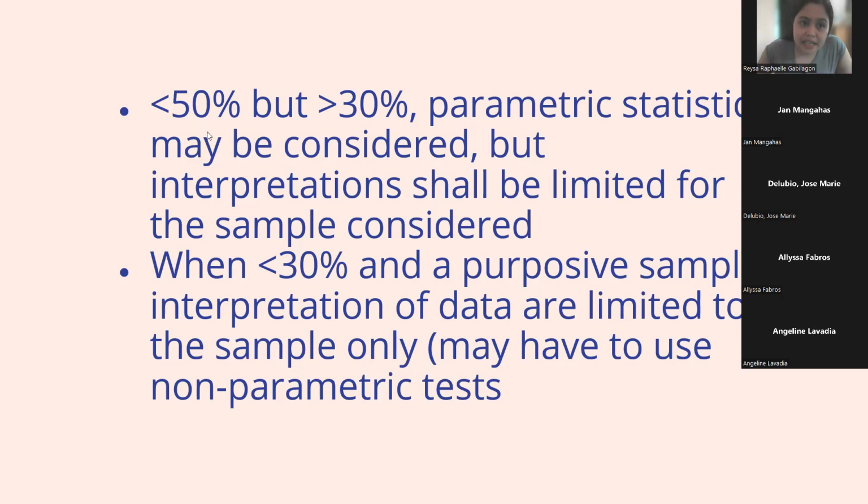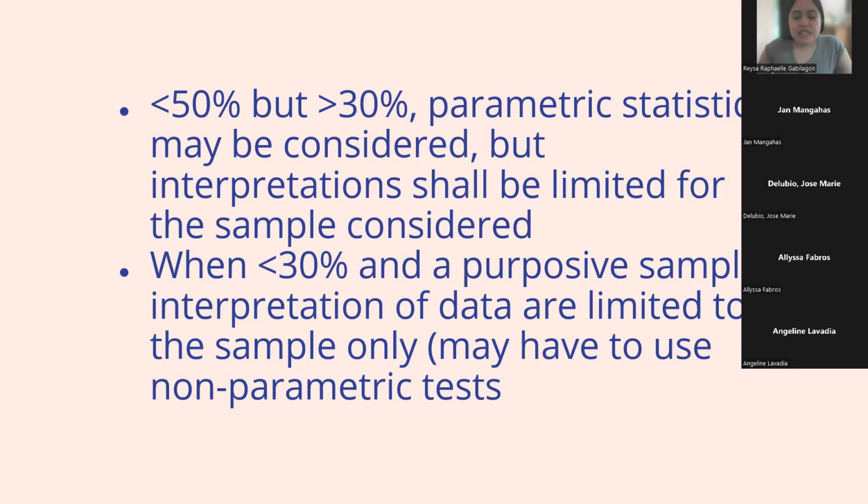So kapag less than 50% but more than 30%, pwede na natin siyang gamitan ng parametric statistics, but yung interpretation natin may be limited for the sample considered only. Hindi talaga tayo makakagawa ng conclusion for the whole population.